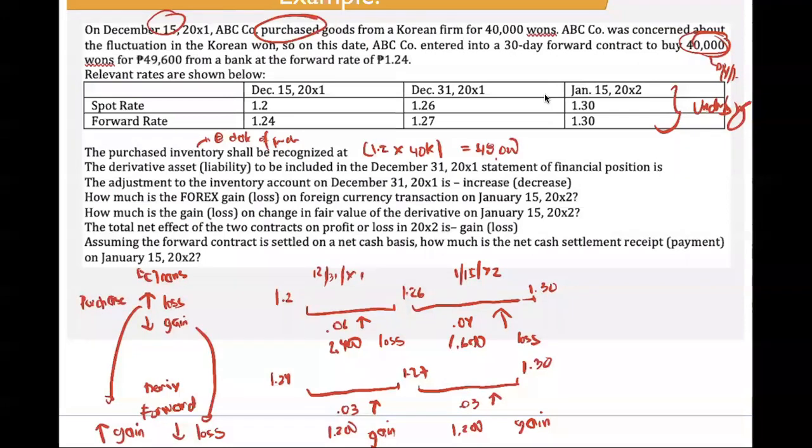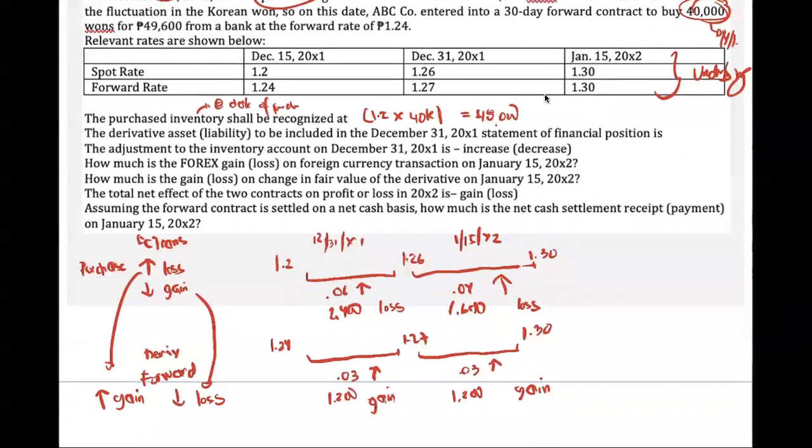Next, the derivative asset or liability to be included on December 31. So on December 31, remember we have 1,200 gain. So if that is the gain, how do we record it? We have your gain on derivative, and then we record it as a forward contract receivable or asset, 1,200.